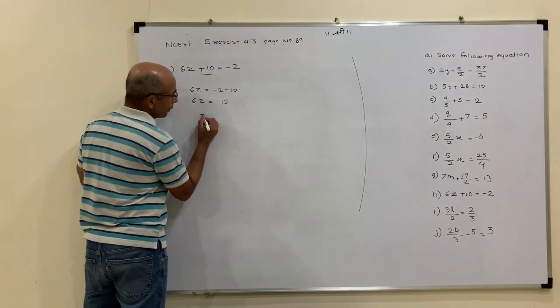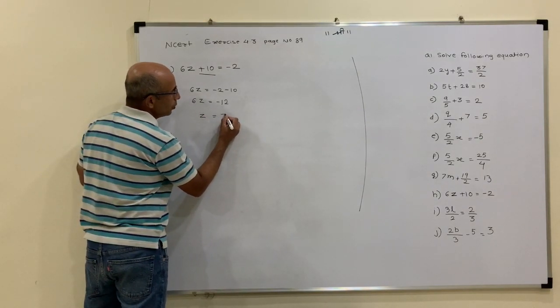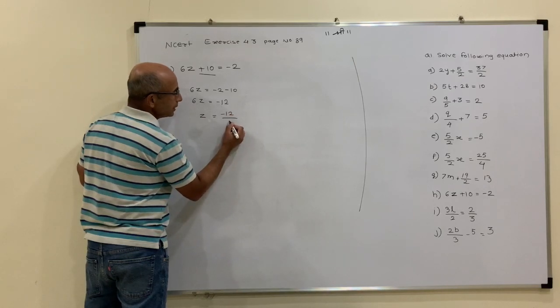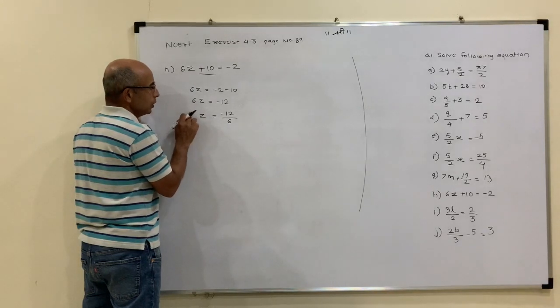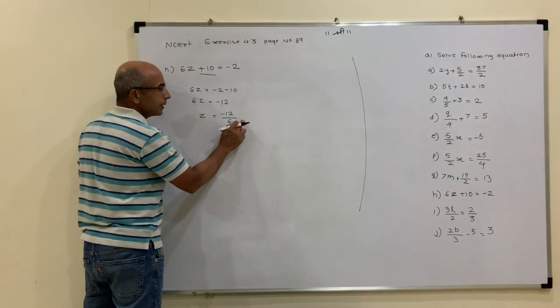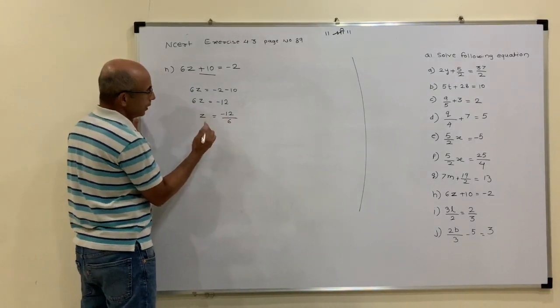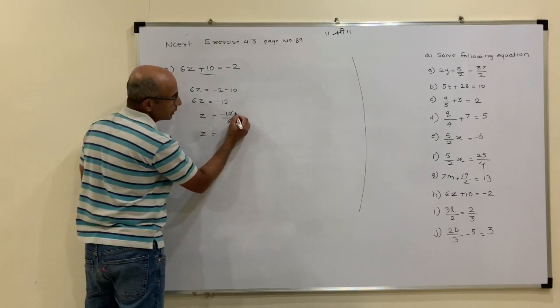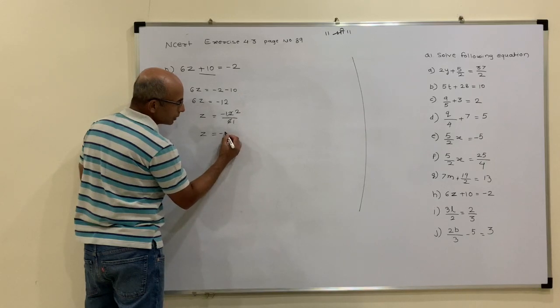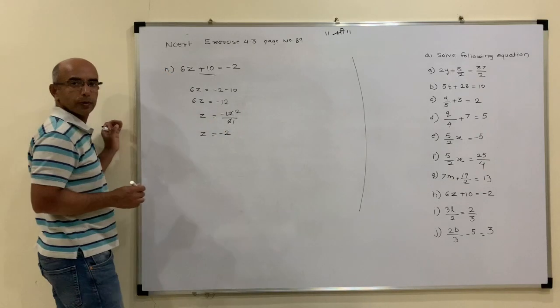So my next step will be z equal to minus 12 divided by 6. Since 6 was multiplied on the left hand side, when I transpose it onto the right hand side, it becomes divide. So my next step will be z equal to 6 1s are 6, 6 2s are 12. So answer is minus 2.